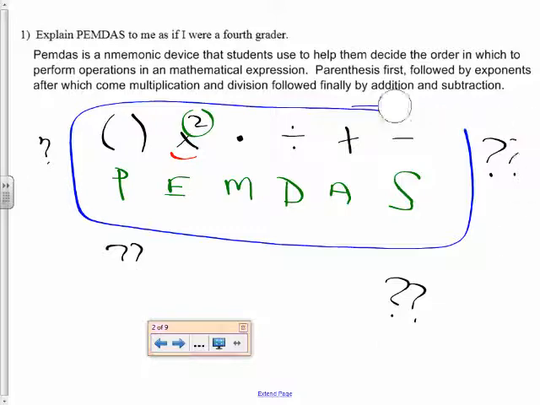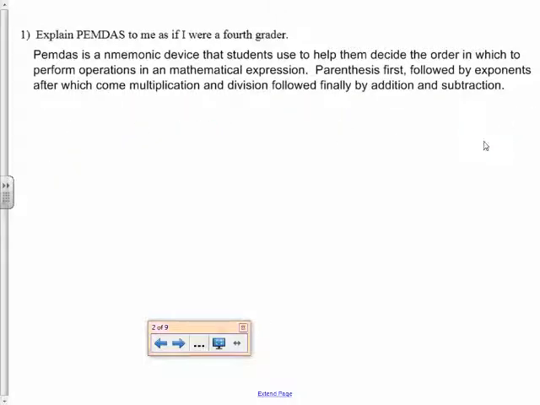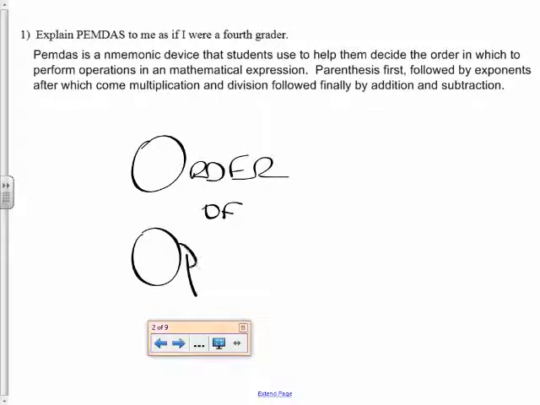So I put up here what I would expect. It's a way that we decide the order in which we perform operations. It's all about order of operations. You gotta crawl before you walk. Multiplication and exponents are tied very closely together, so multiplication and exponential notation are kind of the same operation.